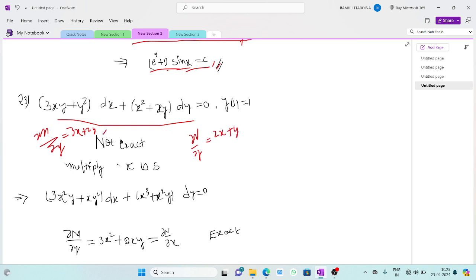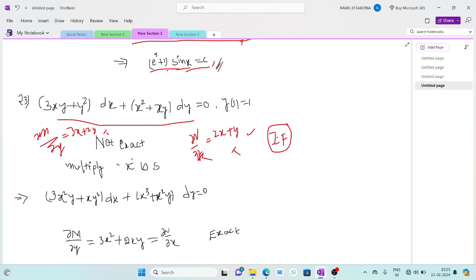So both are not equal, so it is not exact. Then how can we proceed? We have to multiply by the integrating factor to make ∂N/∂x and ∂M/∂y both equal. If both are equal, then we can say that it is an exact differential equation.